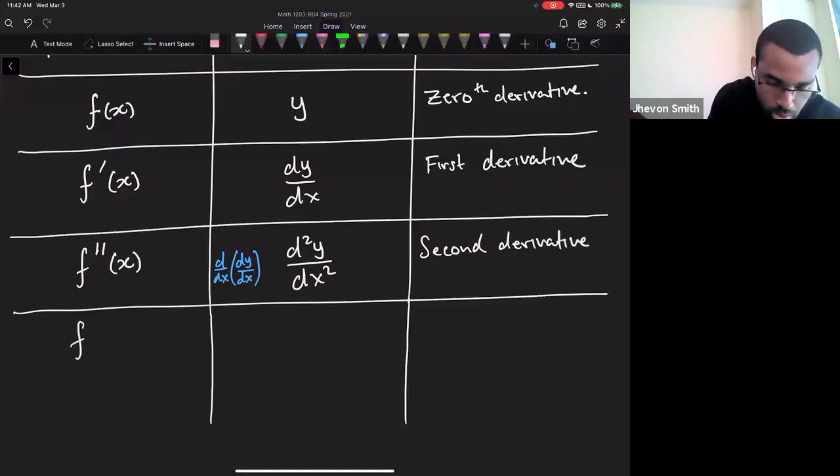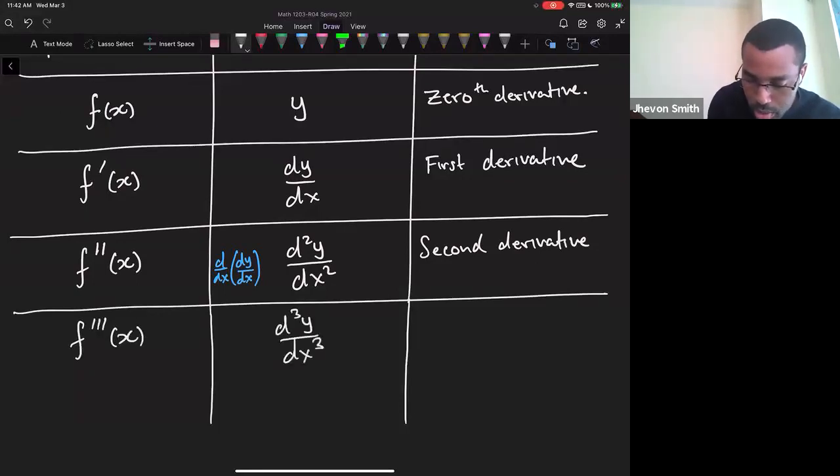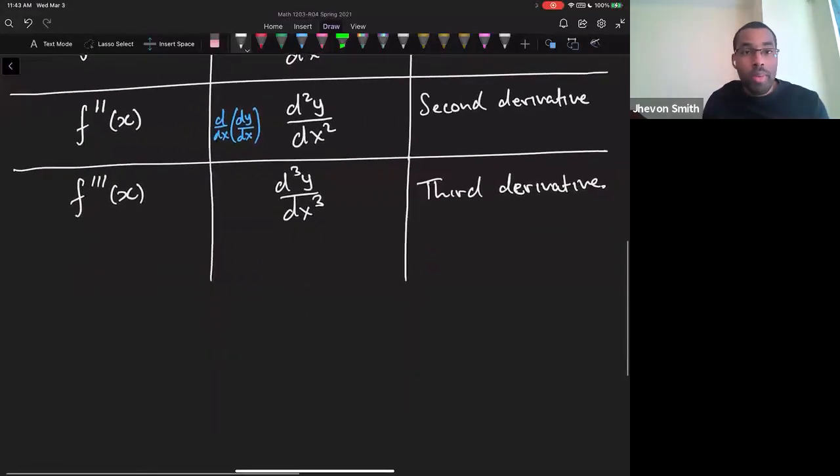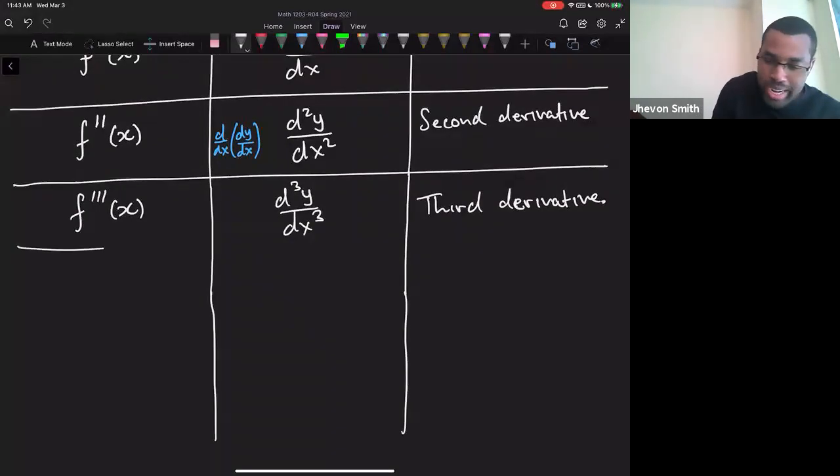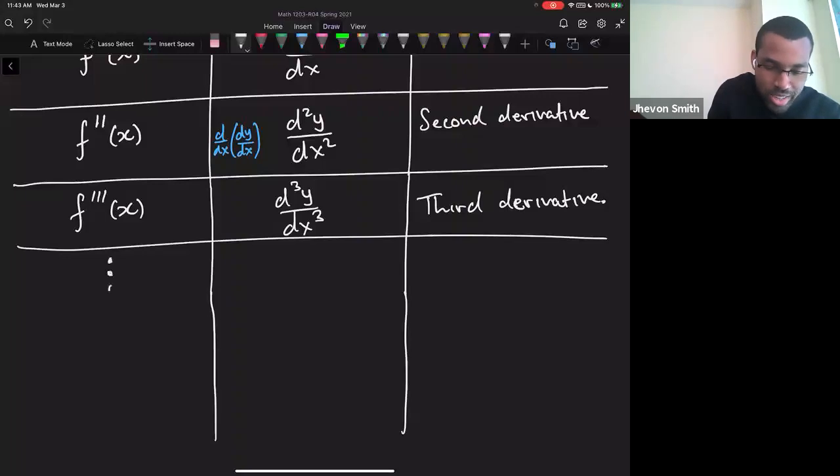Sometimes you can keep going. You have f triple prime. This is d cubed y dx cubed. This is the third derivative. Now, obviously, if this keeps going, the prime notation is going to get highly annoying. Let's say you're way down at the 17th derivative.